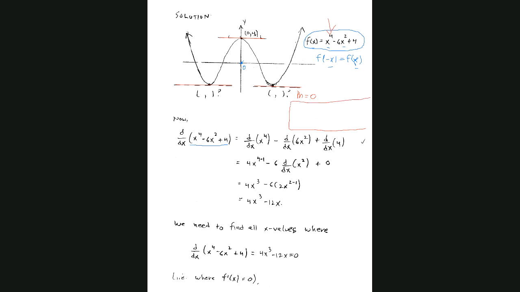So we know that the derivative of f plus g equals f prime plus g prime. So that's the sum rule. The derivative of a sum is the sum of the derivatives.